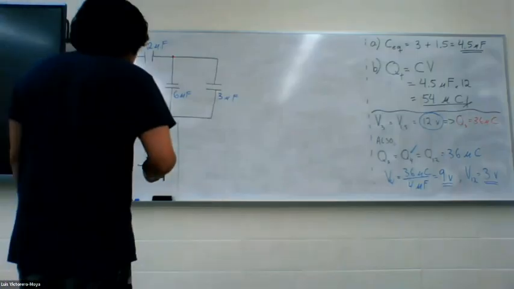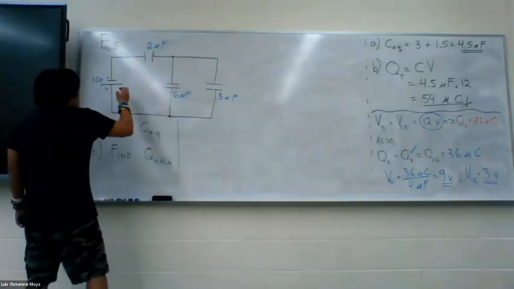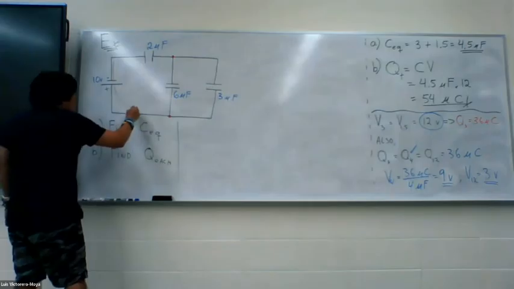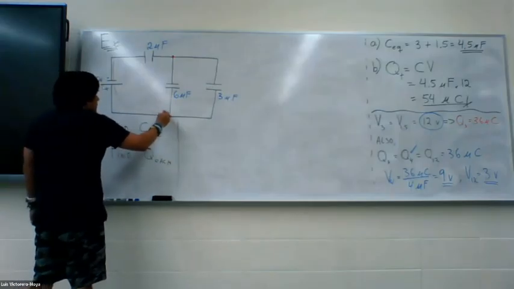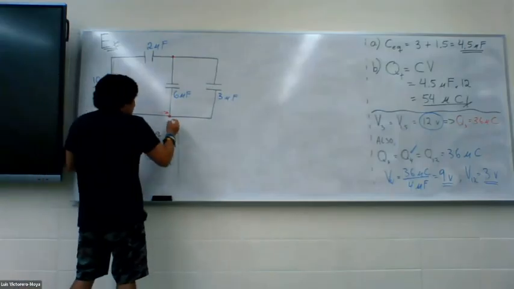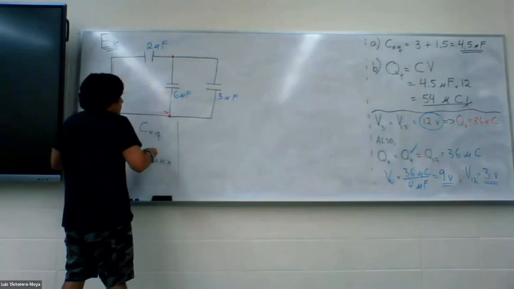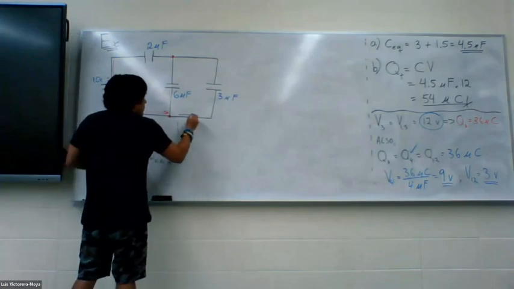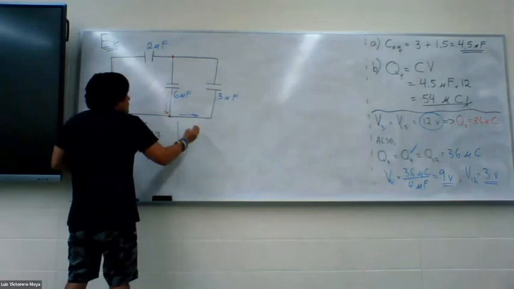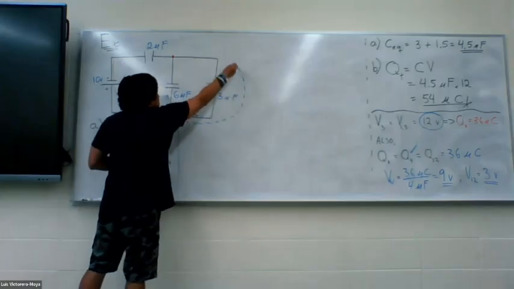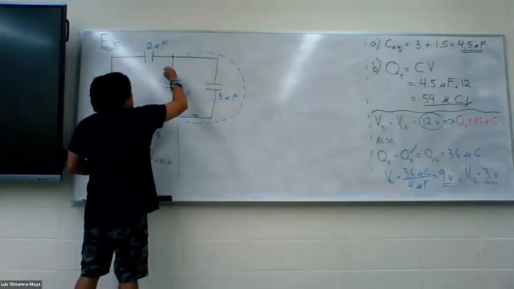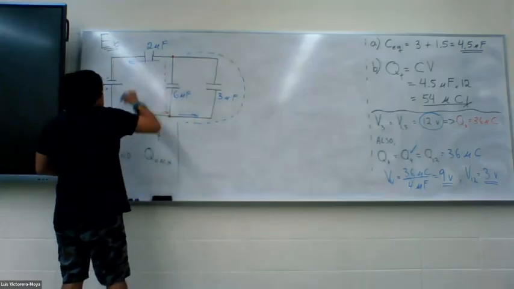So basically, if you think about it, you have charge slash current, and then it splits here and here, and then goes all the way here, and then all here, and then they combine again.